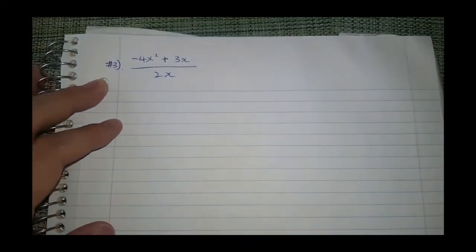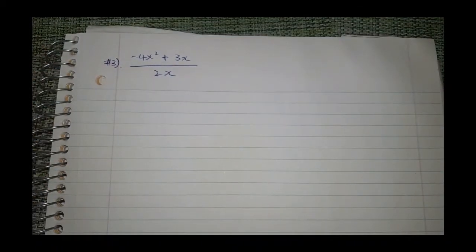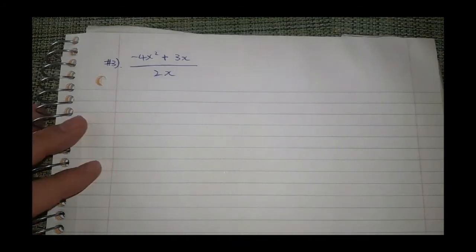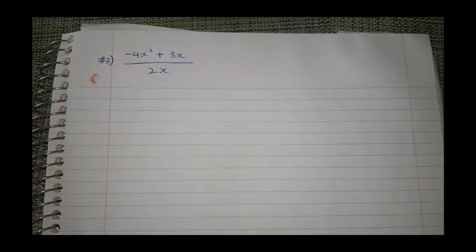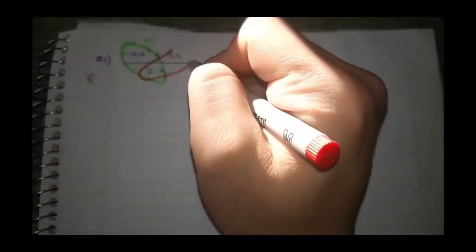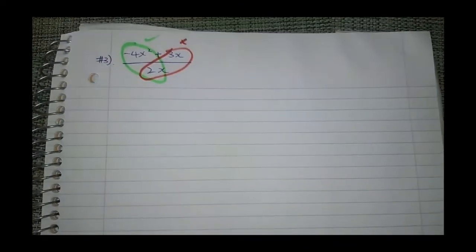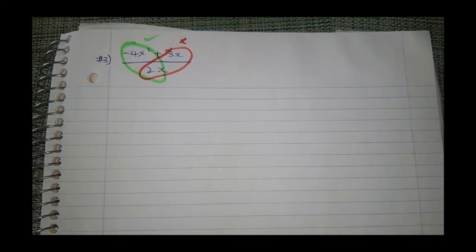This is a perfect example why the tile method is kind of limited. The reason being, if I think of a divisible pair, these two work. But -3 and 2, these guys do not work. So in order to use an algebra tile, you have to have some kind of consistency.